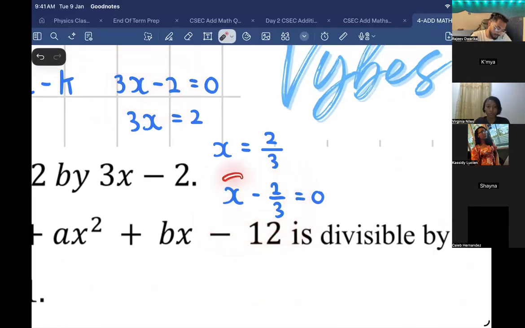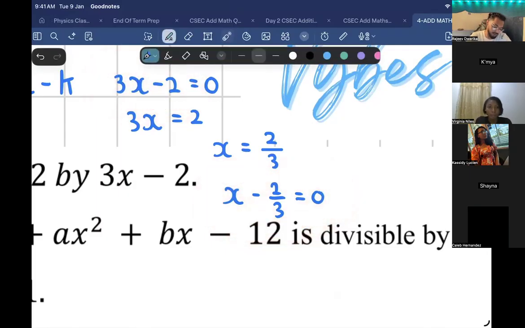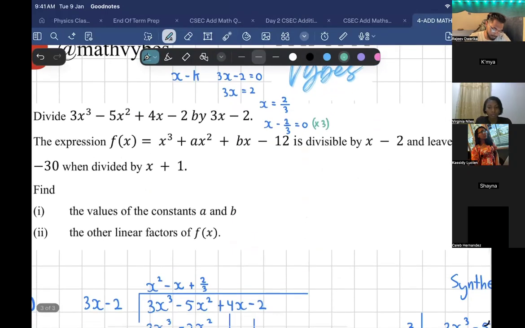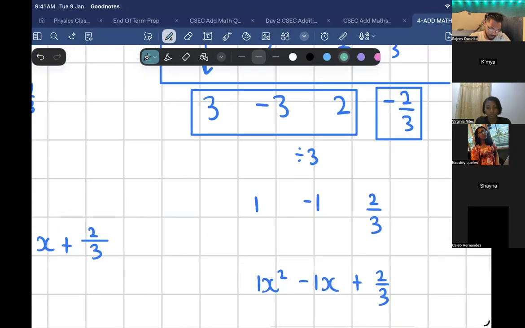Anybody could figure it out? Multiply by 3. Yeah, you'd have to multiply by 3 throughout. And that's why in the final answer you have to do the opposite, which is to divide by 3.